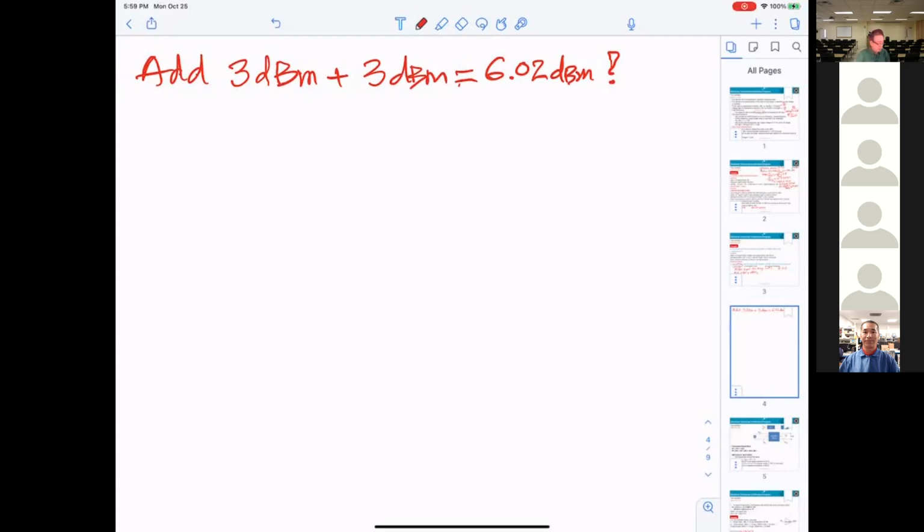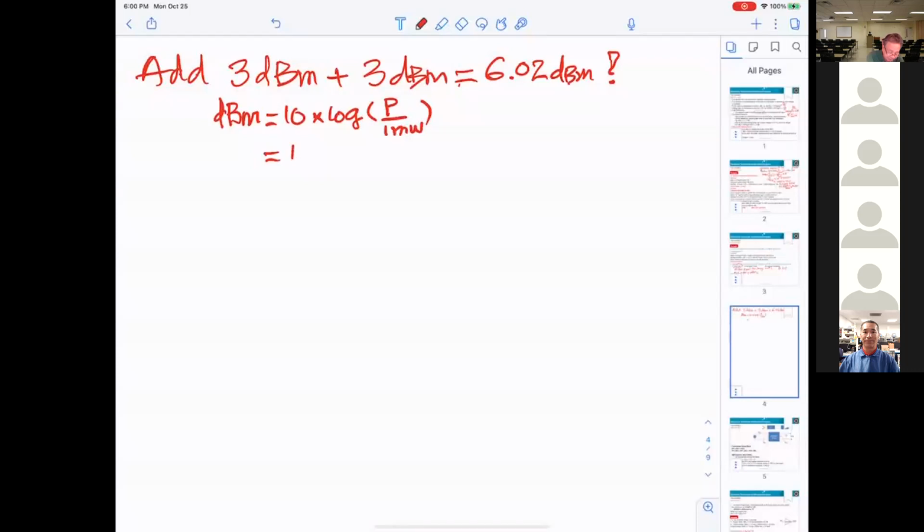Okay, so now I can go over it. First thing, formula for dBm: 10 times log of P over 1 milliwatt, whatever P. Okay, so now I'm using it for P1 for 3 dBm.